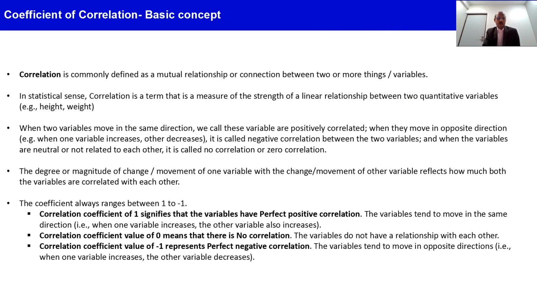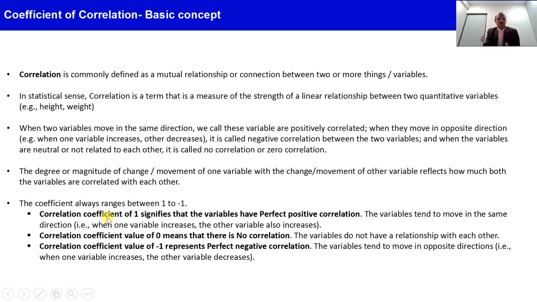So the degree or magnitude of movement of one variable with the movement of the other variable will determine how strongly these variables are correlated to each other, and it can have the maximum value of 1 and the lowest value of -1. So basically the coefficient of correlation ranges between +1 and -1.